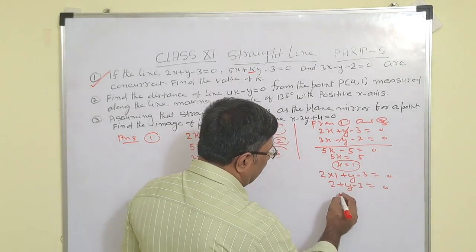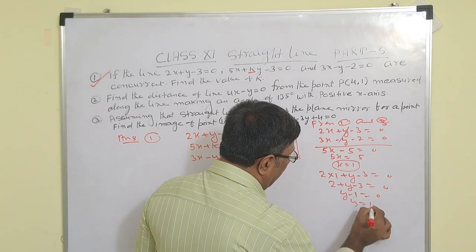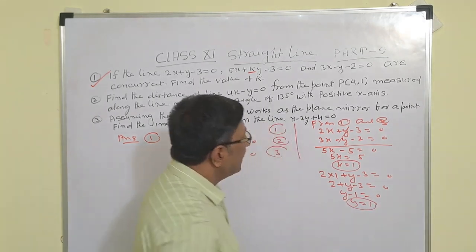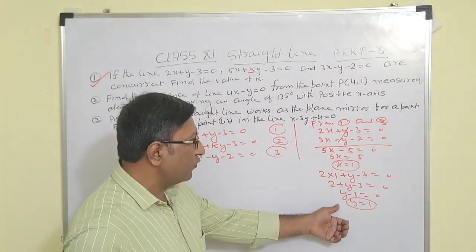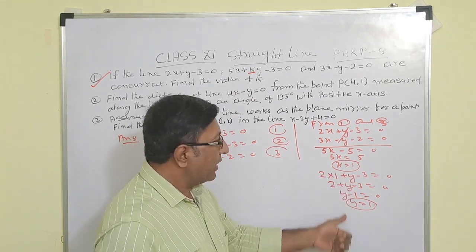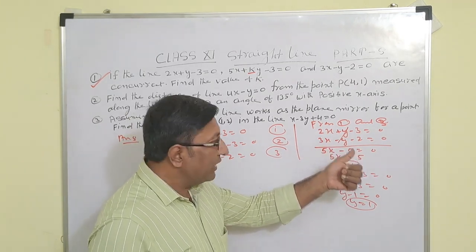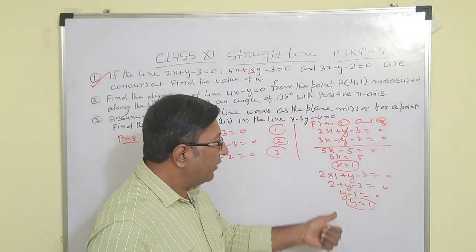So 2 minus 3 is minus 1, y minus 1 is 0, so y equal to 1. So x is 1 and y is 1. That means equations 1 and 3 intersect at the point (1, 1).